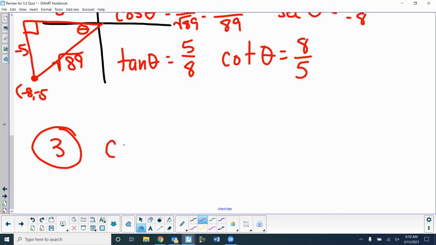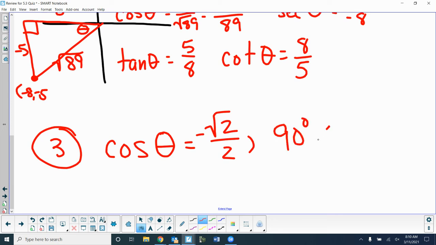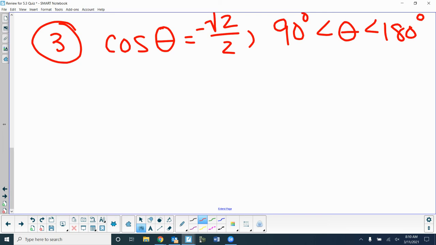All right, so number 3, it tells us what the cosine is. It tells us what quadrant we're in. What quadrant's that? No. 2.